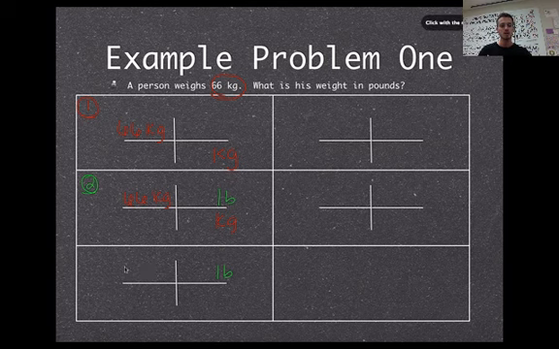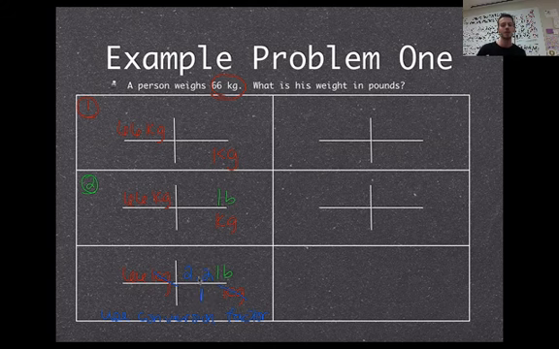So 66. Right here, my units are going to cancel, and I'm able to use my conversion factor. This is something that would be given to you in a problem, but 1 kilogram is equal to 2.2 pounds.